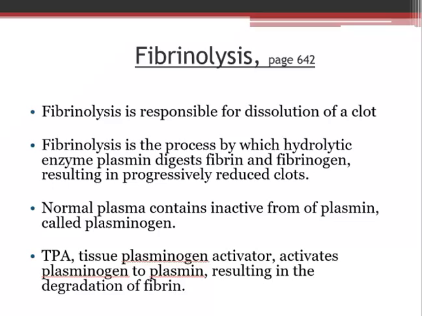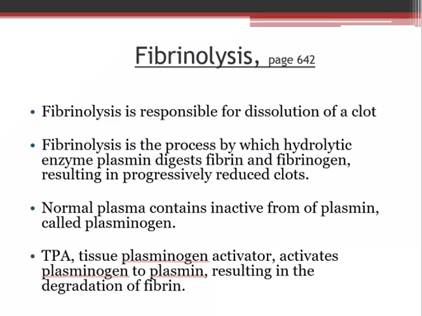So let's talk a little bit more about fibrinolysis. Fibrinolysis, again, is responsible for the dissolution of a clot, or the dissolving of a clot. So the process by which a hydrolytic enzyme, plasmin, digests fibrin and fibrinogen results in progressively reducing clots.